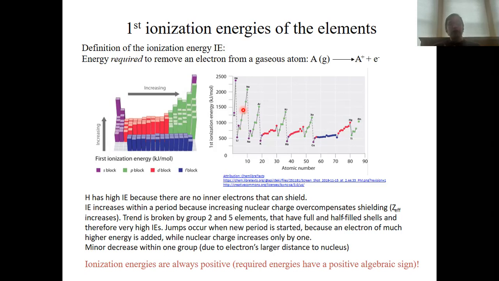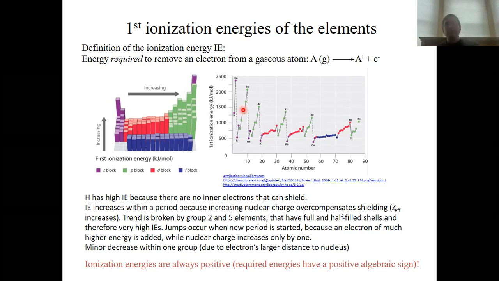So now let us explain these phenomena. So first of all, why does the ionization energy increase as we go from the left to the right in the periodic table? So now we have to remember, as we previously discussed in the last class, that the effective nuclear charge increases as we go from the left to the right in the periodic table.